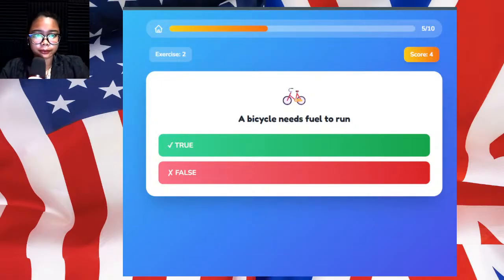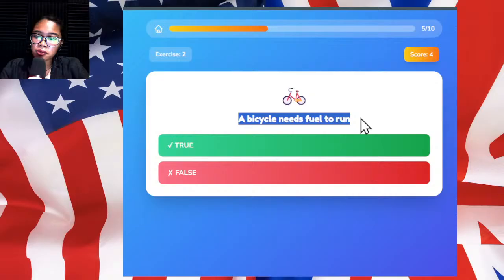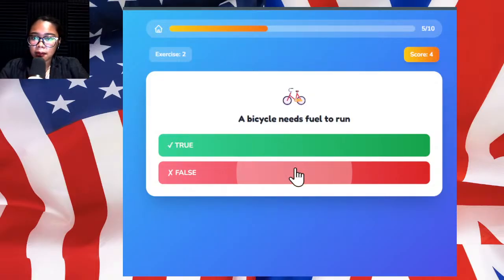Okay. What is the statement again? A bicycle needs fuel to run. Now, we've already talked about this earlier, right? On our first exercise. How do we define bicycle? A bicycle or a bike is a vehicle with two wheels that is powered by a human being. So, it is very eco-friendly in a way that it does not hurt the environment because it does not use fuel or create pollution. It relies on pedal power. So a bicycle needs fuel to run is a false statement.